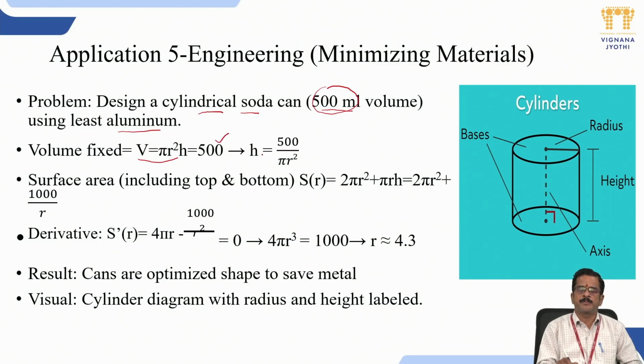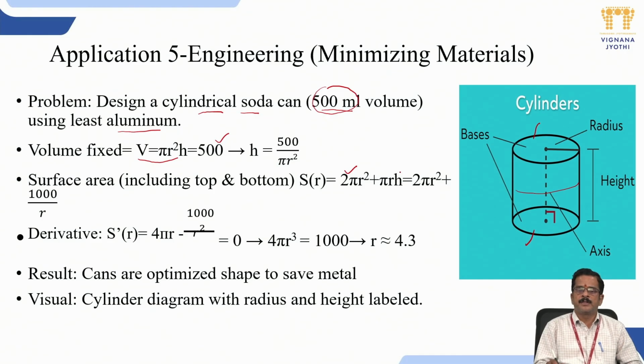Making h the subject, h is equal to 500 by pi r square. Now what is the surface area? Including top and bottom, pi r square for the top and pi r square for the bottom, so 2 pi r square, plus the curved surface area.